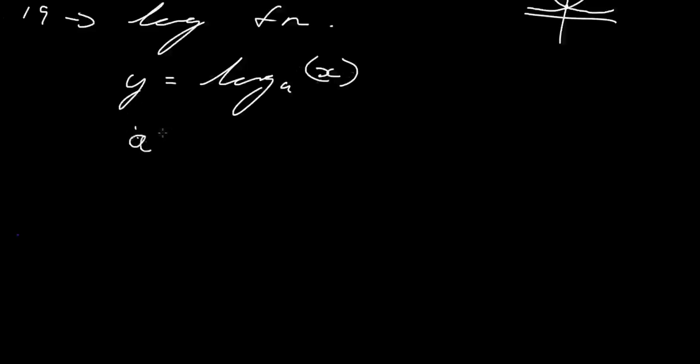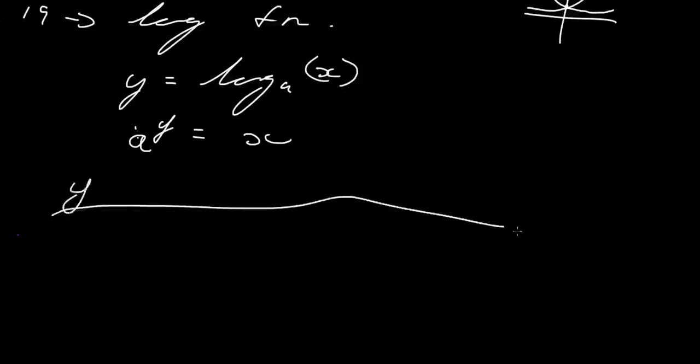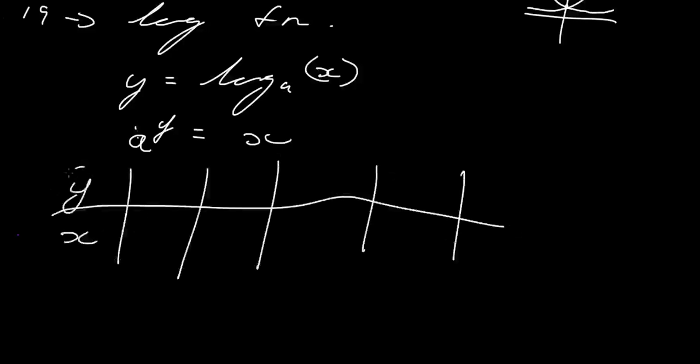So a to the y equals x. Okay? And now what they teach you to do is reverse your table. So choose y as your independent variable and x as your dependent variable, and then substitute y values into this equation and get x as your output.